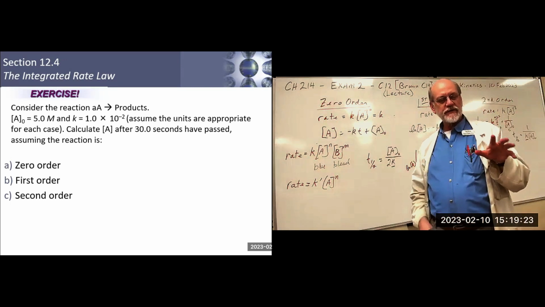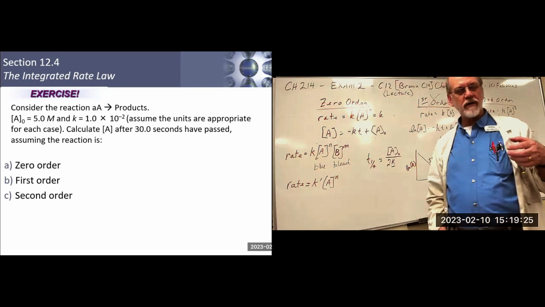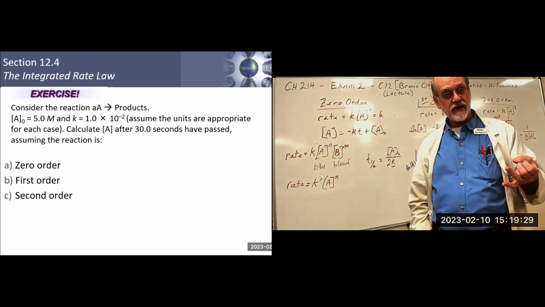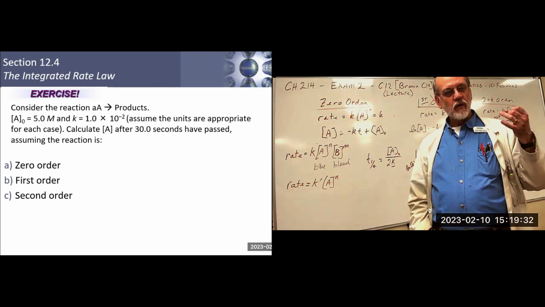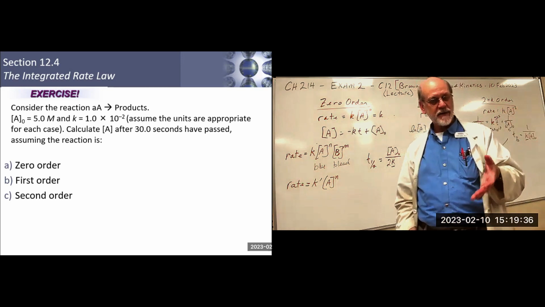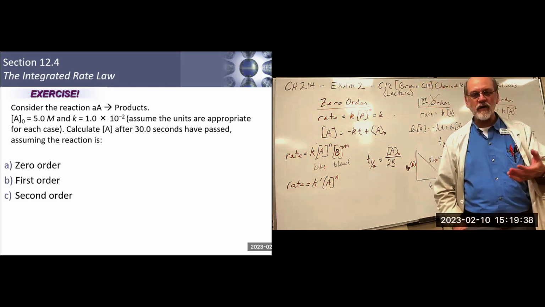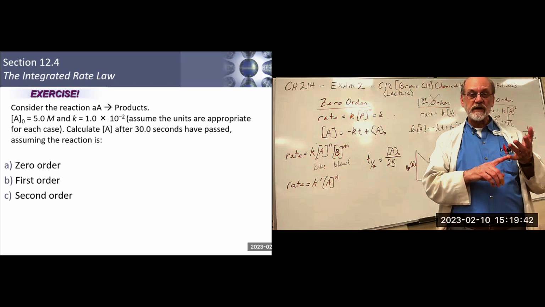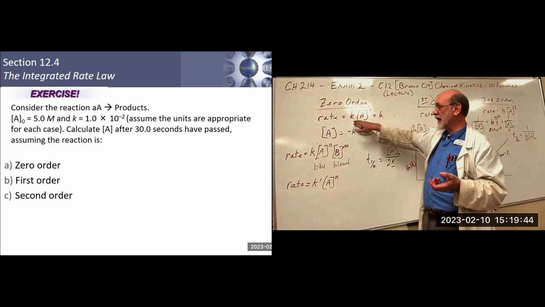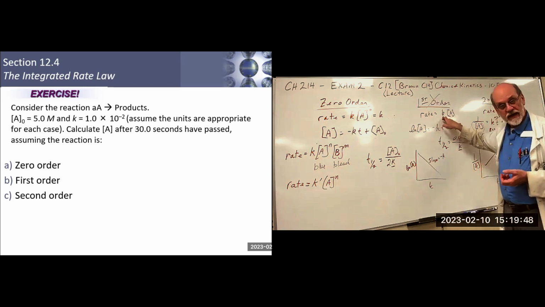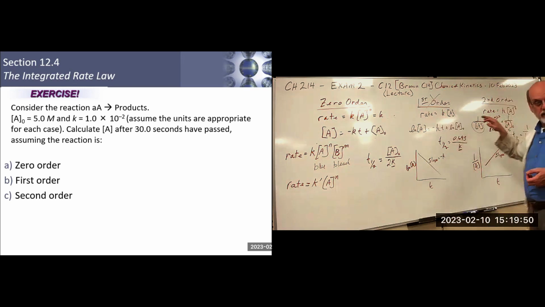The point of this slide is to compare, for a single set of initial concentrations and K values, what would be the effect after a certain amount of time, in this case 30 seconds, on the final concentration of A if the reaction were calculated as a zero order rate law with that K value, or as a first order rate law with that K, or a second order rate law with that K.